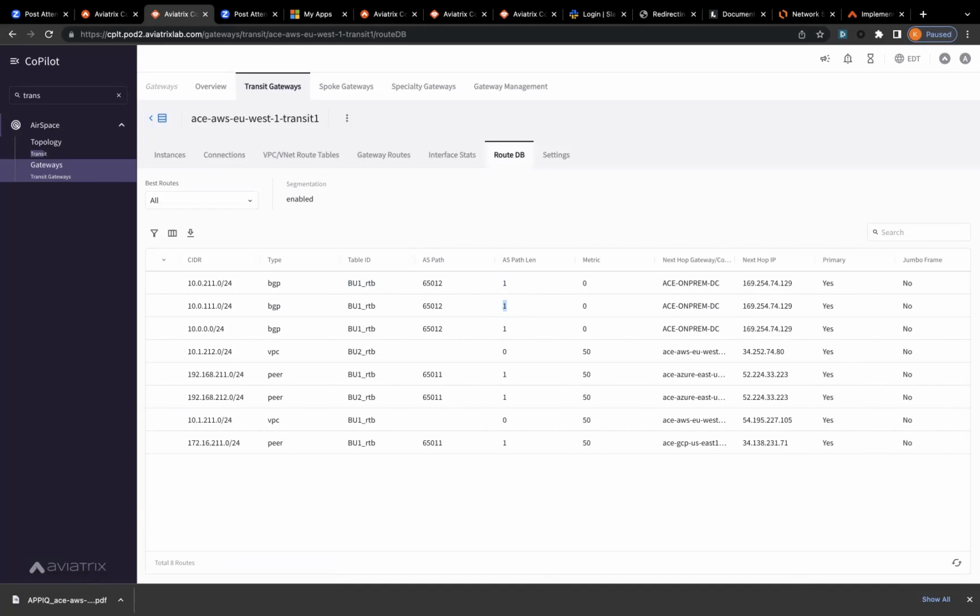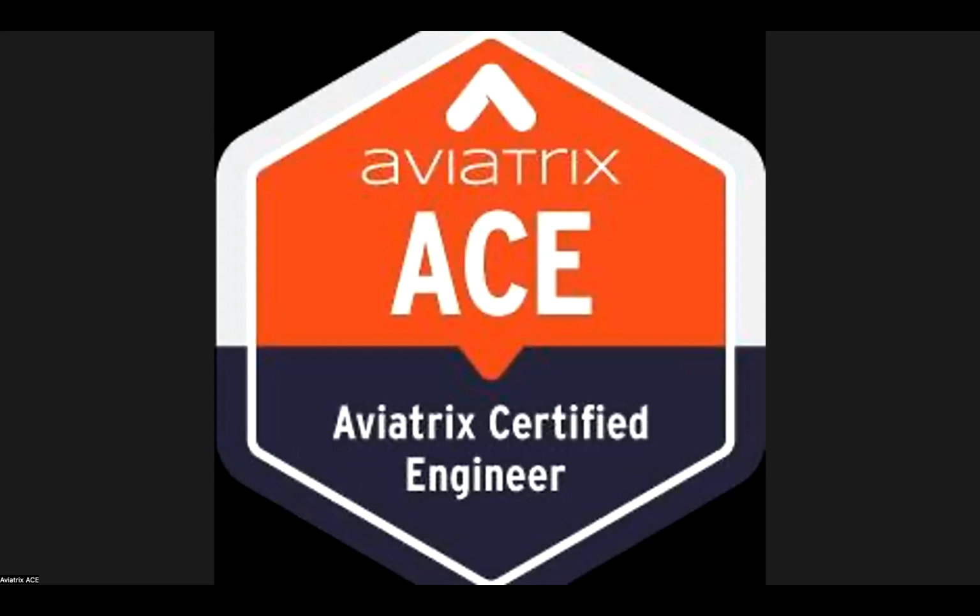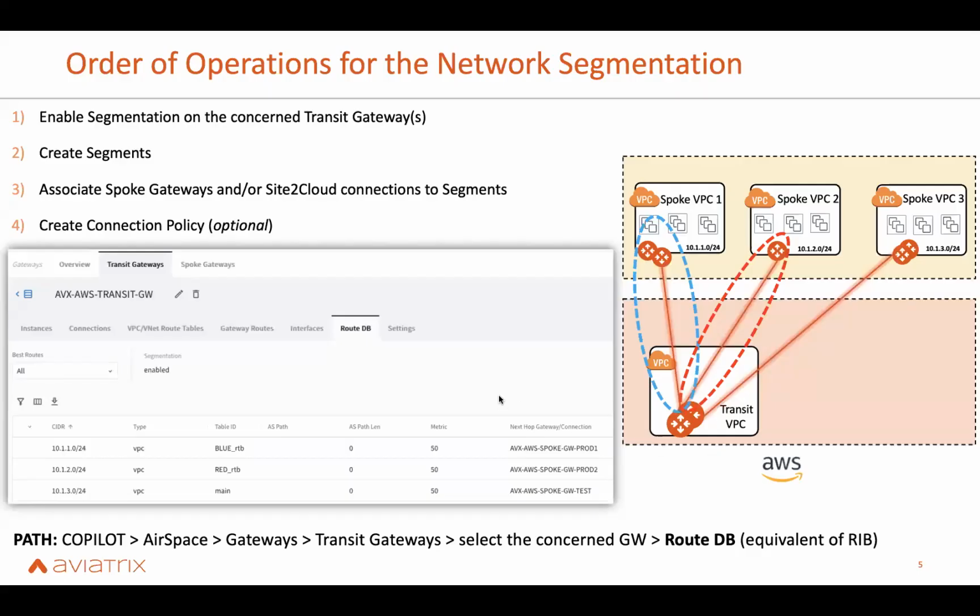Let me go back to the slides. So as I mentioned, you need to enable segmentation, you need to create the segment, you associate the spoke gateway or any external connections, and then you create the connection policy in case you want to have the domains connected.